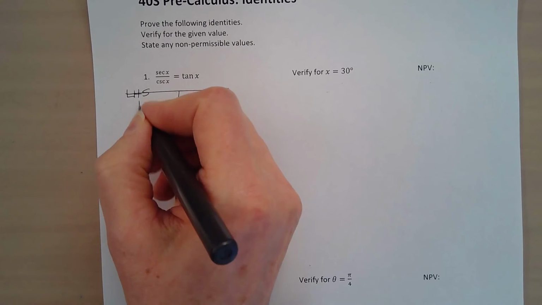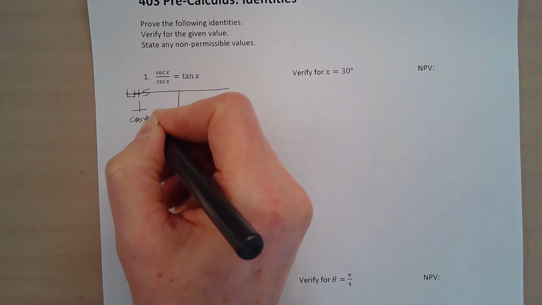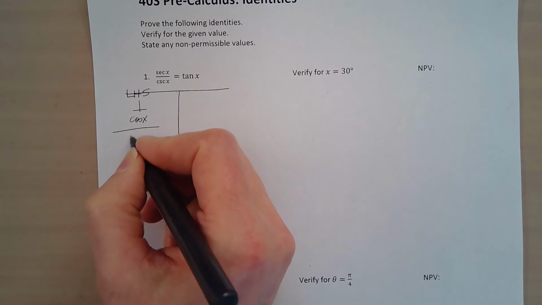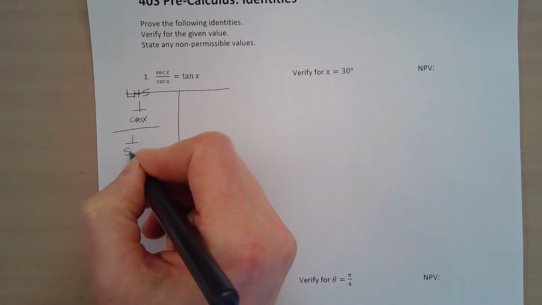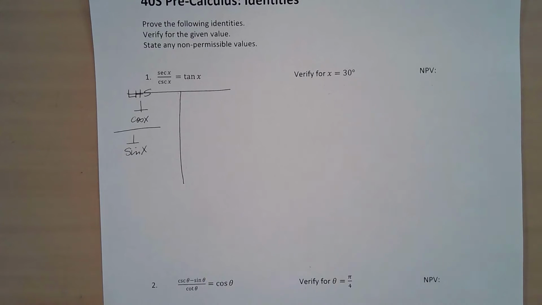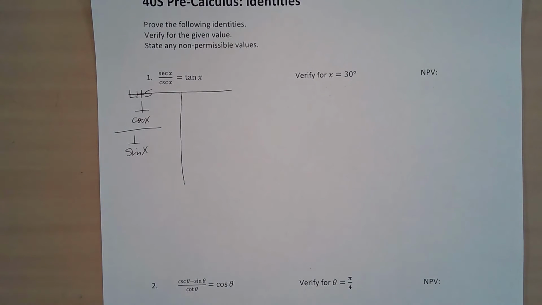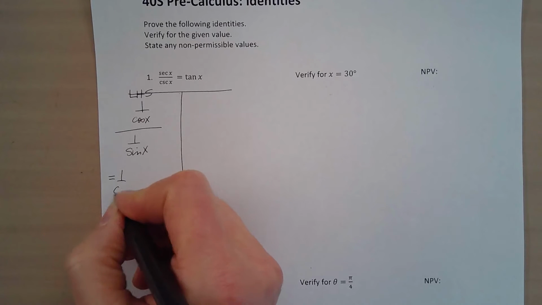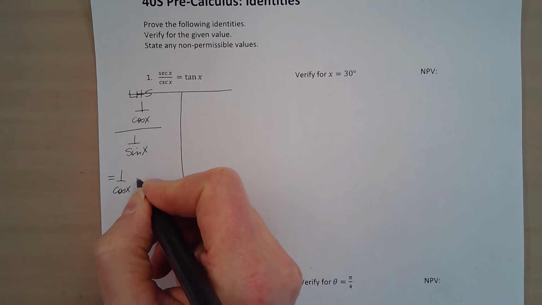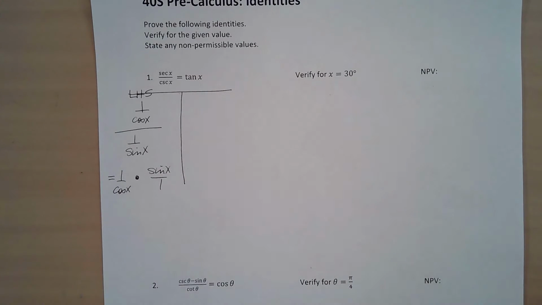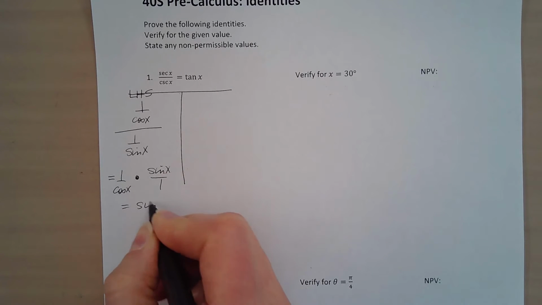So turn this to 1 over cos, and then would you do the same thing to the cosecant, Joanna? 1 over sine, right? And then I've got two fractions that I can multiply. Instead of just leaving them as division, I'll put them in their multiplication state.